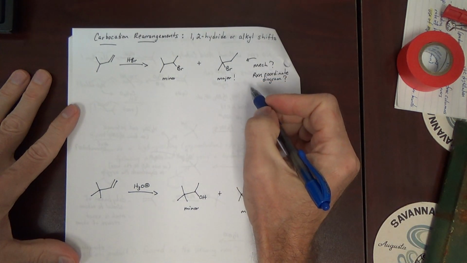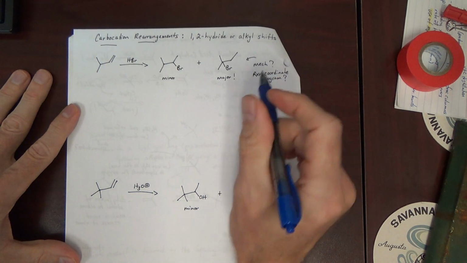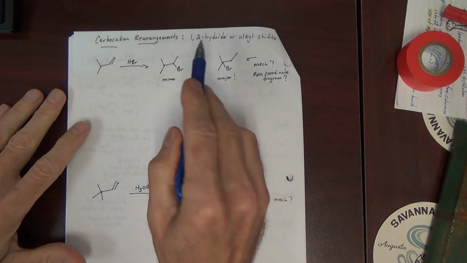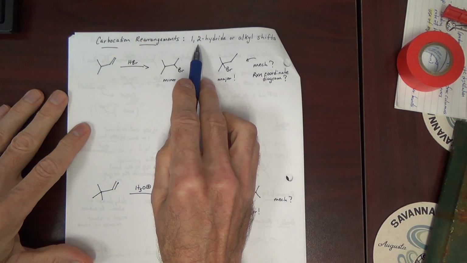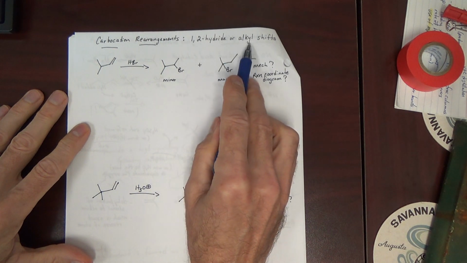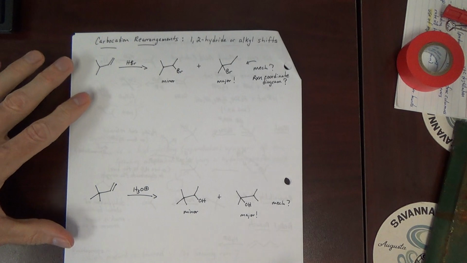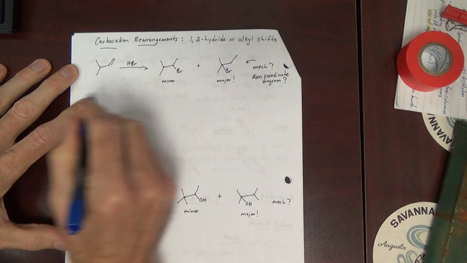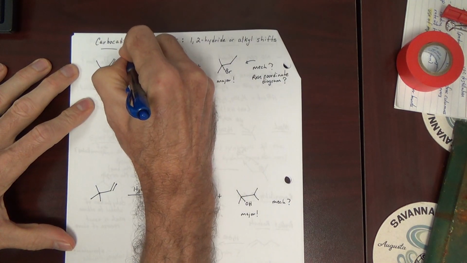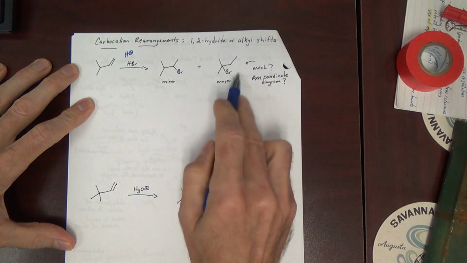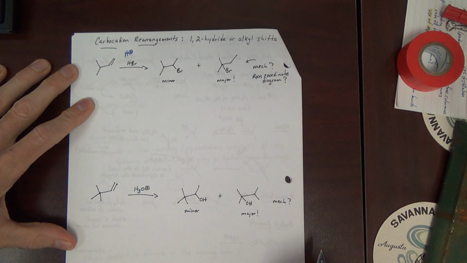So how did that take place? Well, the heading gives you the answer. It's a carbocation rearrangement. And these can either be hydride shifts or alkyl shifts. Let's look at what's going on, and let's proceed by just doing a mechanism. Ultimately, what is the mechanism for forming this product? Well, let's take one step at a time.